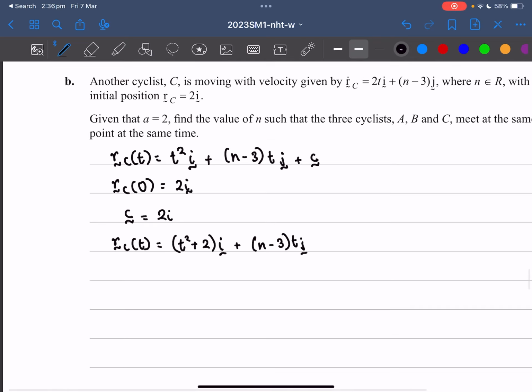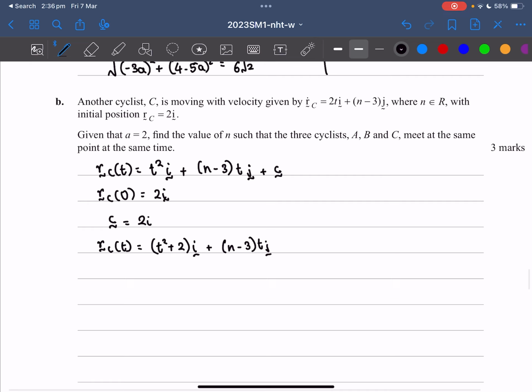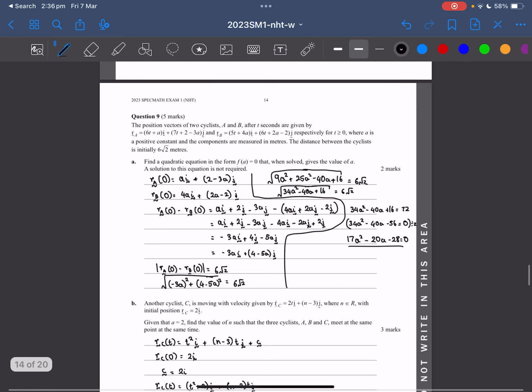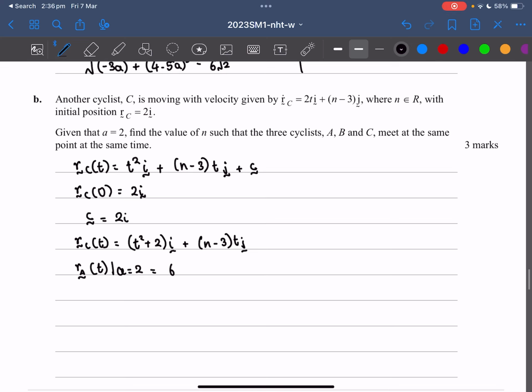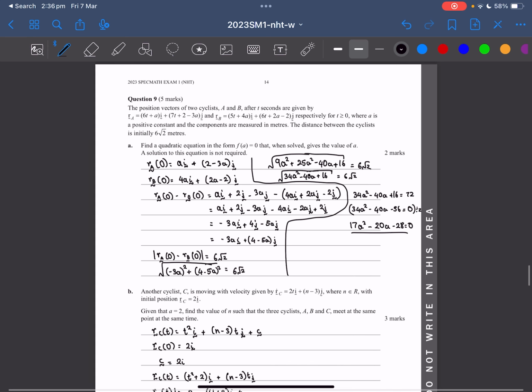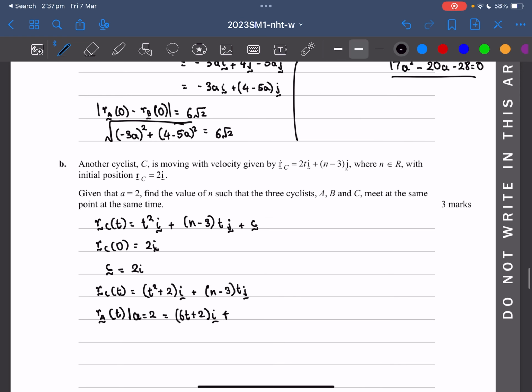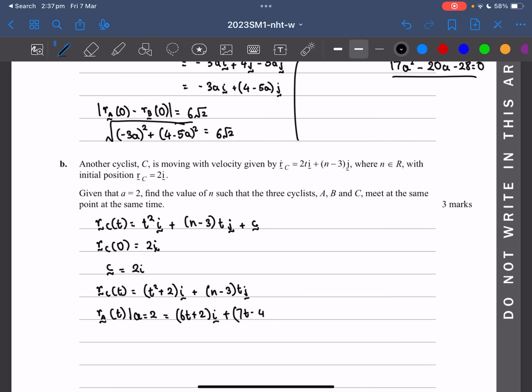Now the second thing we have to do is substitute a equals to 2 in A and B and see where exactly they meet. So our RA of t, given that a is equals to 2, is going to be, so we have (6t plus 2)i plus (7t plus 2 minus 6, so minus 4) so (7t minus 4)j.